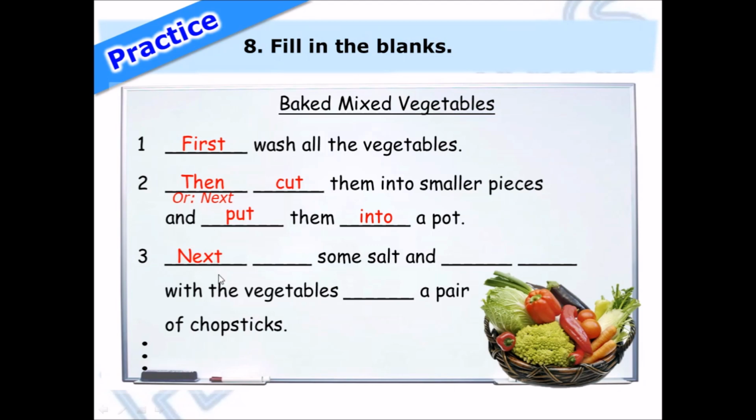Next, or then, some salt. Can you find a suitable action word? Add some salt and mix. Here you need to mix the salt with the vegetables. Which object pronoun can refer to the salt?